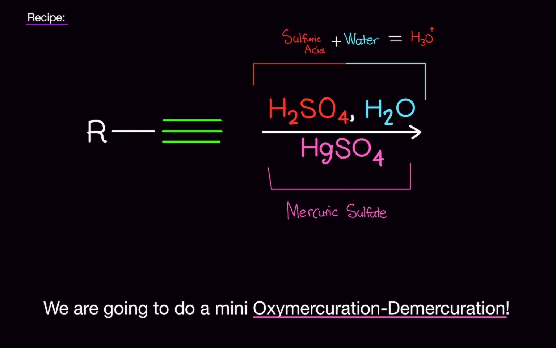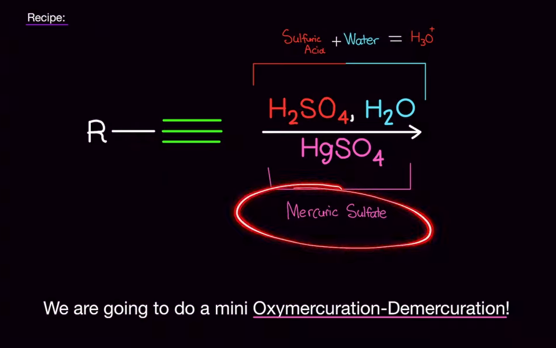Water gets protonated when in contact with a strong acid like sulfuric acid, because strong acids want to give up protons. So sulfuric acid wants to give up its proton, and that proton's going to go to water, and it's going to create hydronium, and that's the main player. We're also going to use mercuric sulfate, and you will see why momentarily.